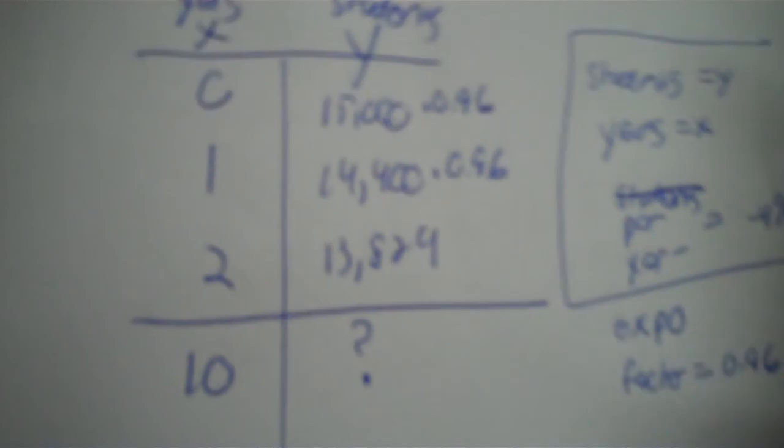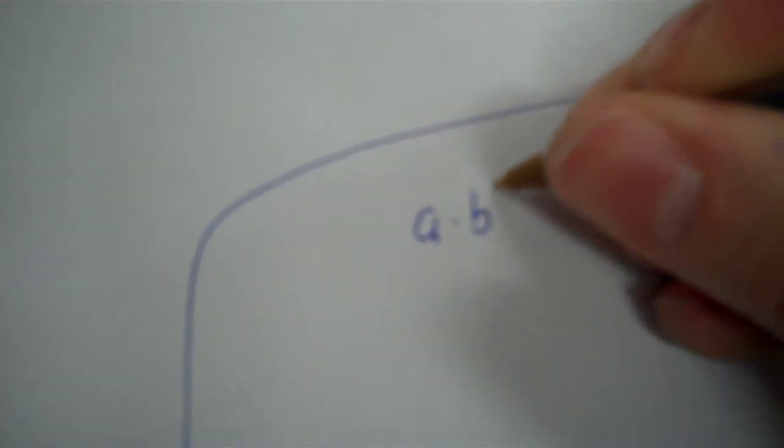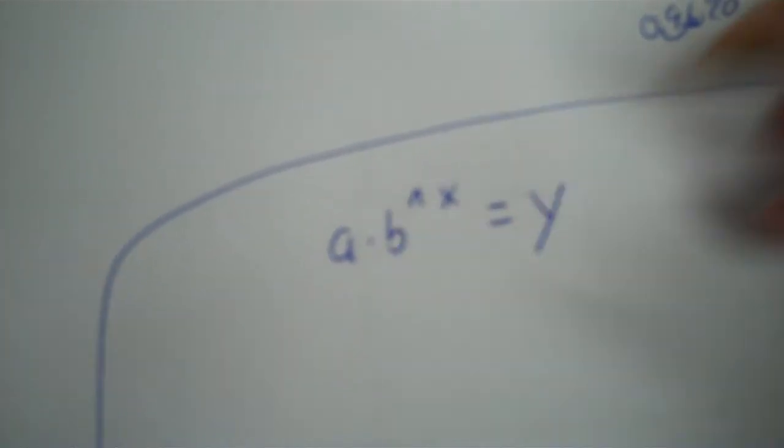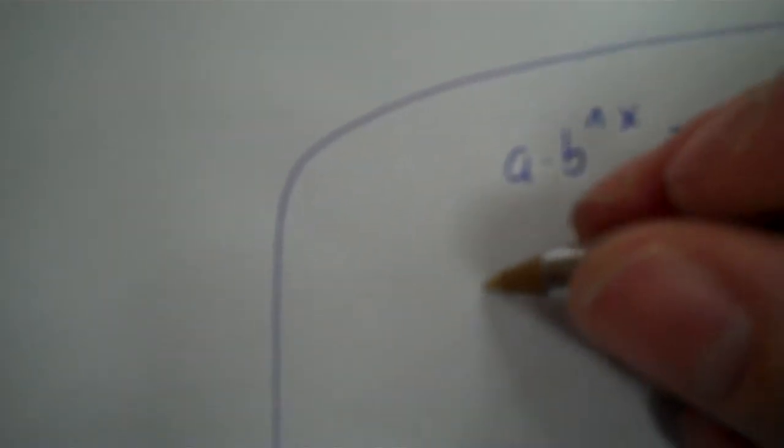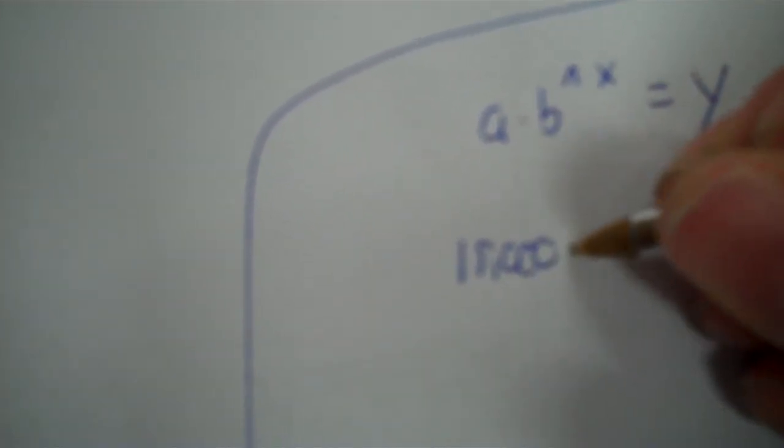Now we don't make a line, because an exponent function, as we saw in the graphs we made earlier in the packet, does not make a line. It's not a linear function. On an exponent function between two units, you take a times b to the x power equals y. So we know that this is a and this is b. So 15,000 times 0.96, and the 10 replaces the x.